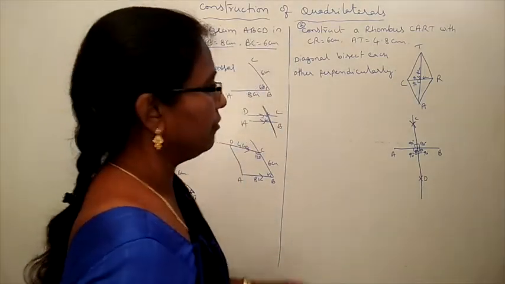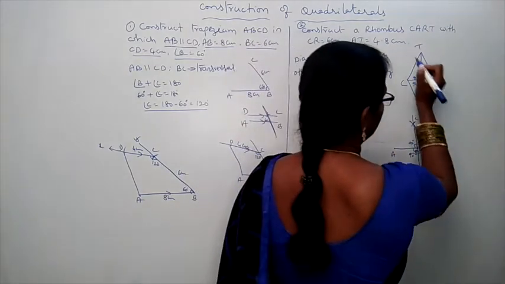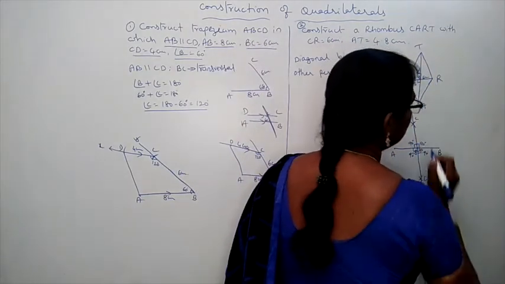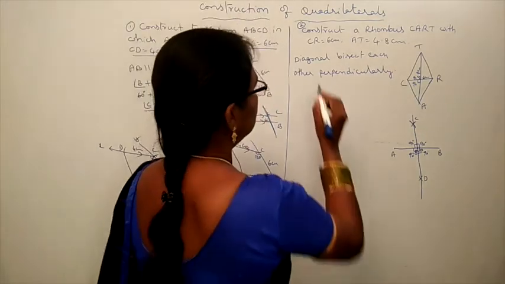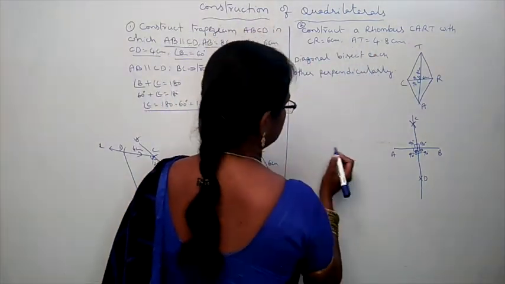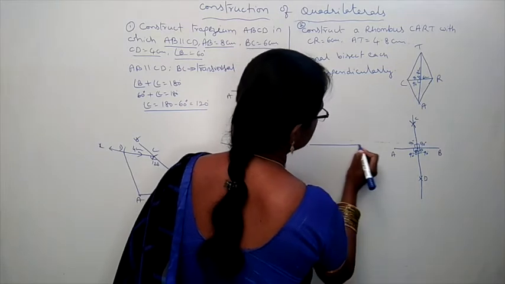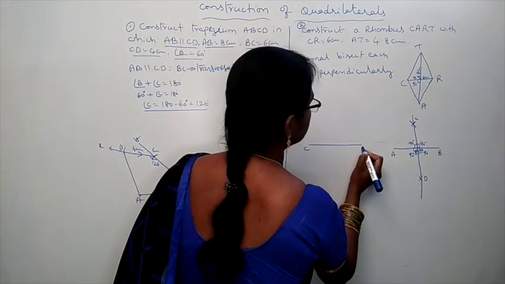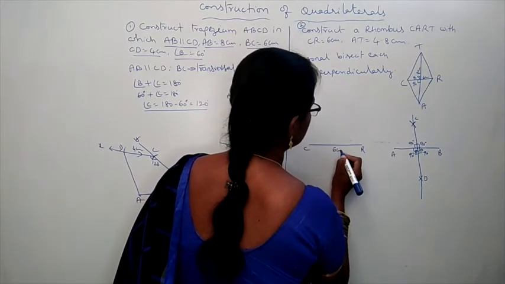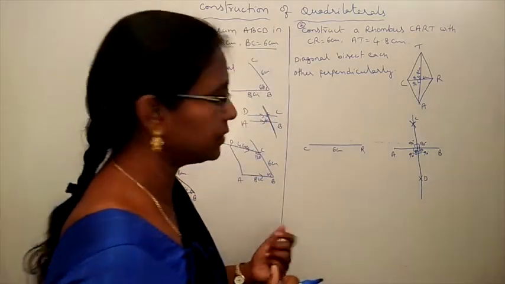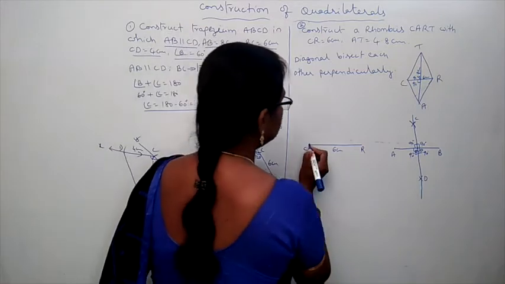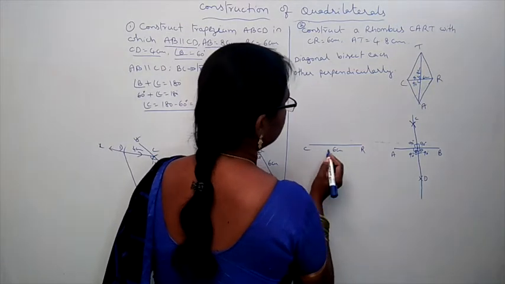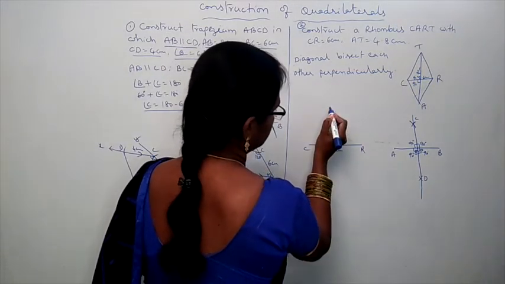Here also, when they give the diagonals, we have to draw the perpendicular bisector first. Now CR is 6 centimeter. First we have to draw CR 6 centimeter. Then how much radius do we have to take? More than half, means more than 3 centimeter. Now take C as center, draw more than 3 centimeter radius arcs on either side.